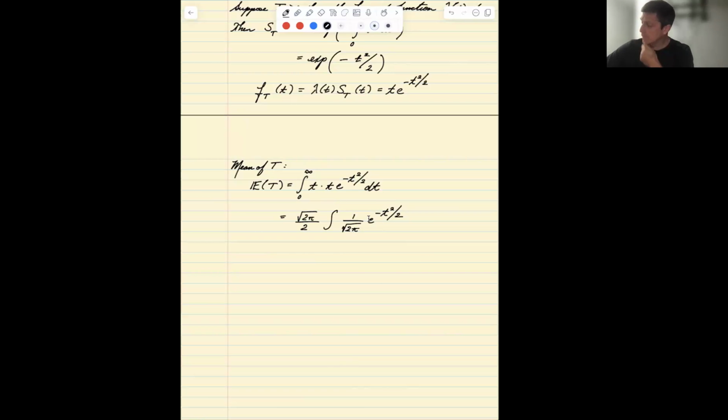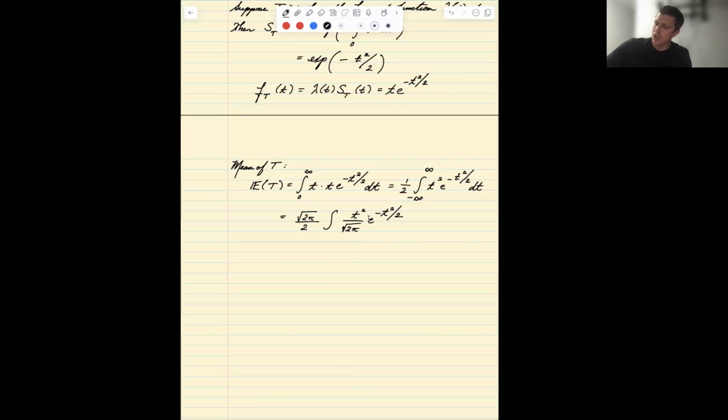Okay. So this is 1/2 of the value if I were to integrate the same thing from -infinity to infinity. But now when I do that, what am I doing? Well, I'm looking at something that's kind of like the second moment of a standard normal distribution.